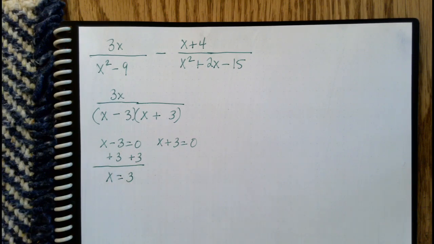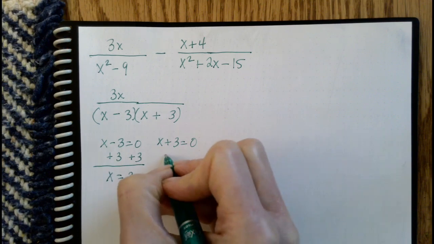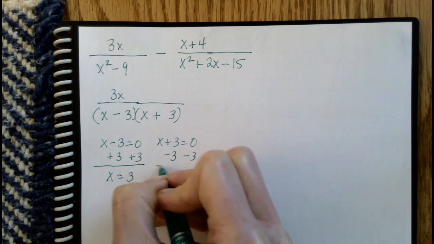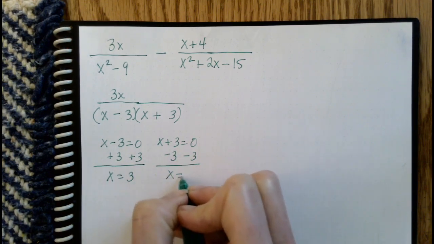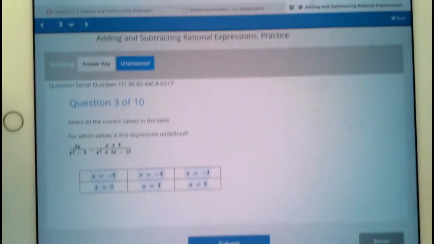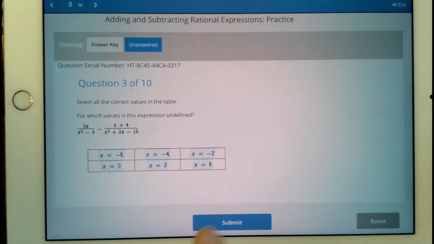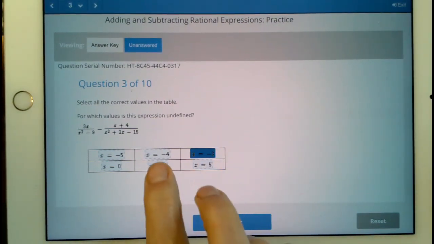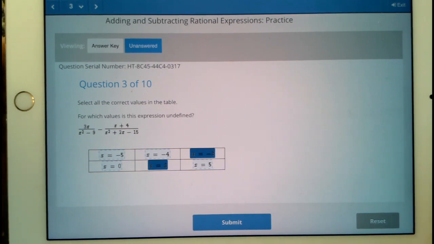So if x equals 3, we're not going to be able to work this problem out. Over here, when we subtract 3 from both sides, x equals negative 3. Those are two values that we can go back to Edmentum and say, well, negative 3 and positive 3, those aren't going to work for us.